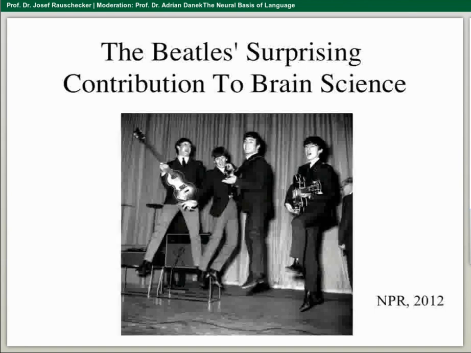So in a lot of this that I've talked about and I've said about language, we could also bring up music as another example of complex sounds and of sounds that are organized in frequency and in time and that is sequence sensitive. And the study that I'm going to tell you about in a minute was really inspired by the Beatles.